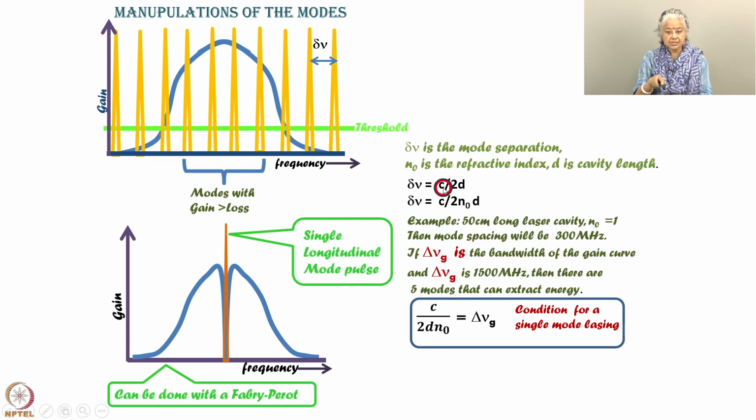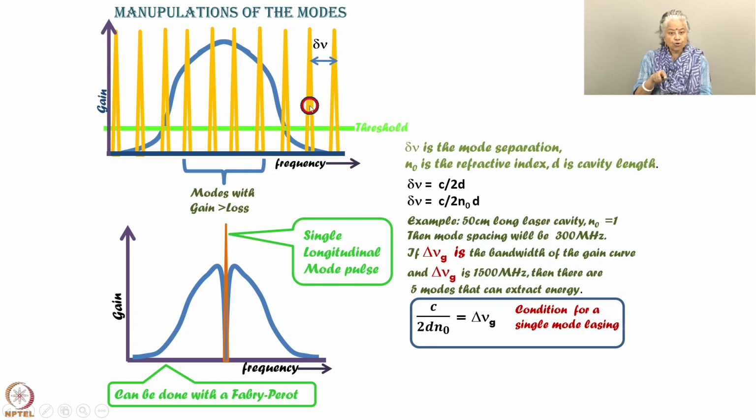Delta nu here is c by 2d. d is the length of the resonator, 2d is the round trip distance, and c is the velocity of light. To be exact, you can say delta nu is equal to c upon 2 n0 d, where n0 is the refractive index. For many practical purposes, you can take it as 1. So, delta nu is c by 2d, which depends on the length of your resonator cavity.